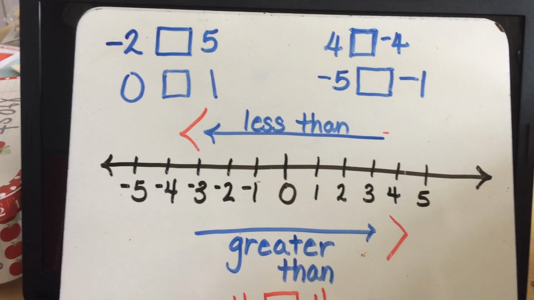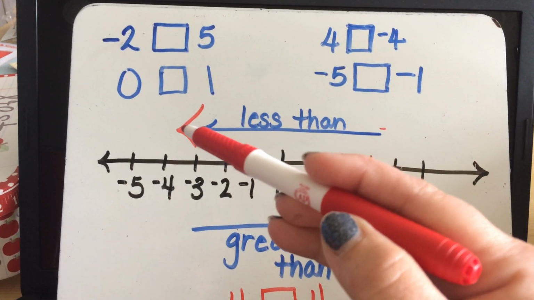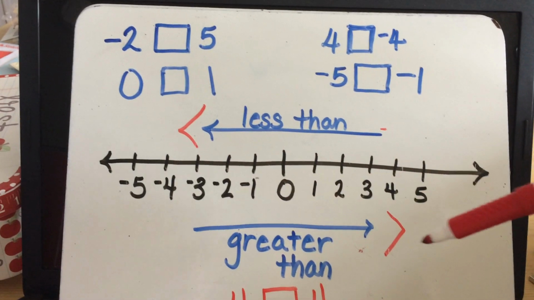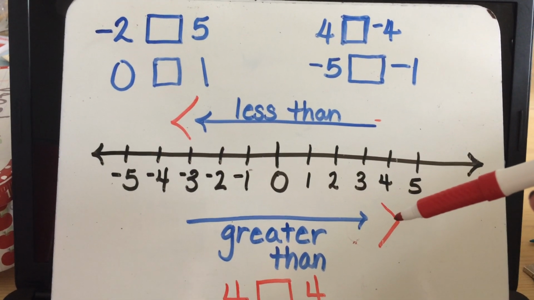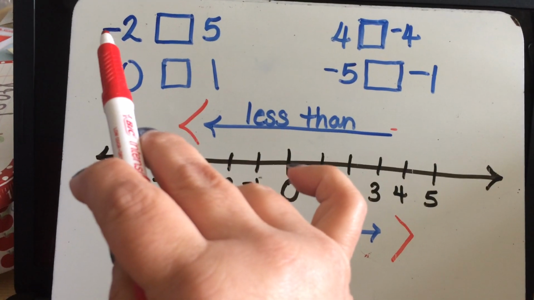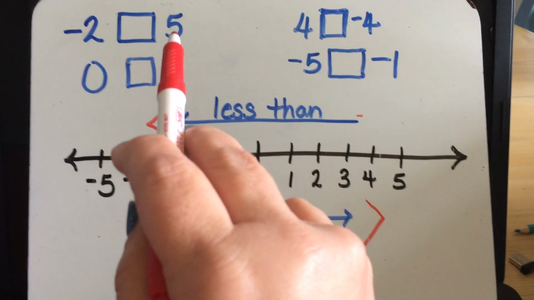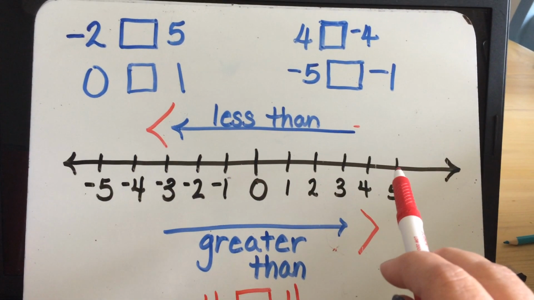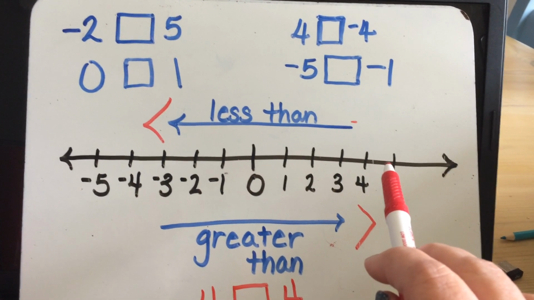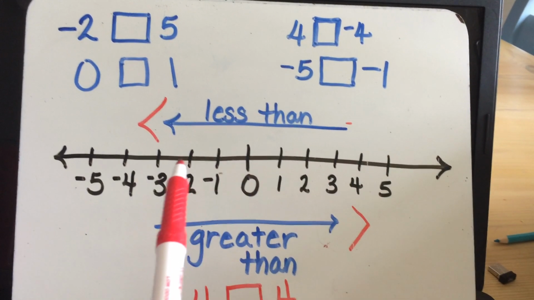But if nothing else, remember that the point of the arrow, the small end of the arrow, always points to the smallest number. So we have -2 is what? Less than or greater than 5. Well, go to 5. And is -2 less than or greater than? Well, we're going in that direction, correct?